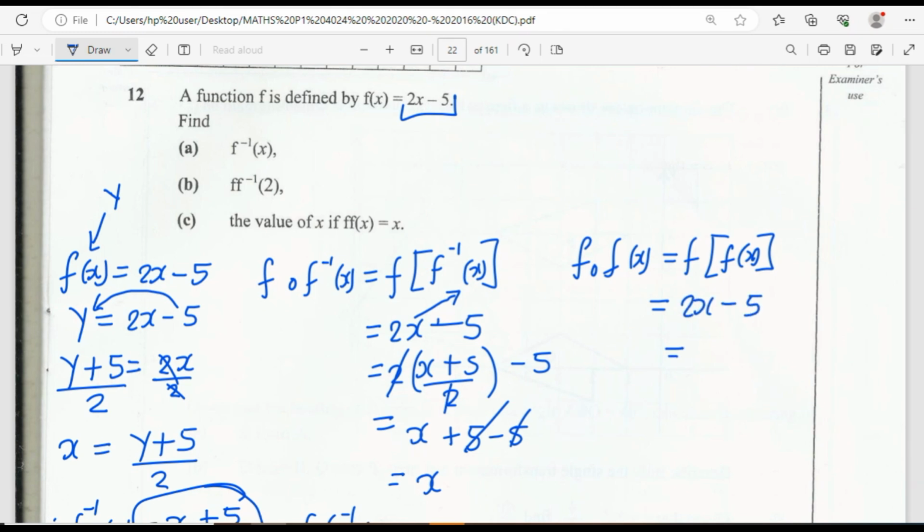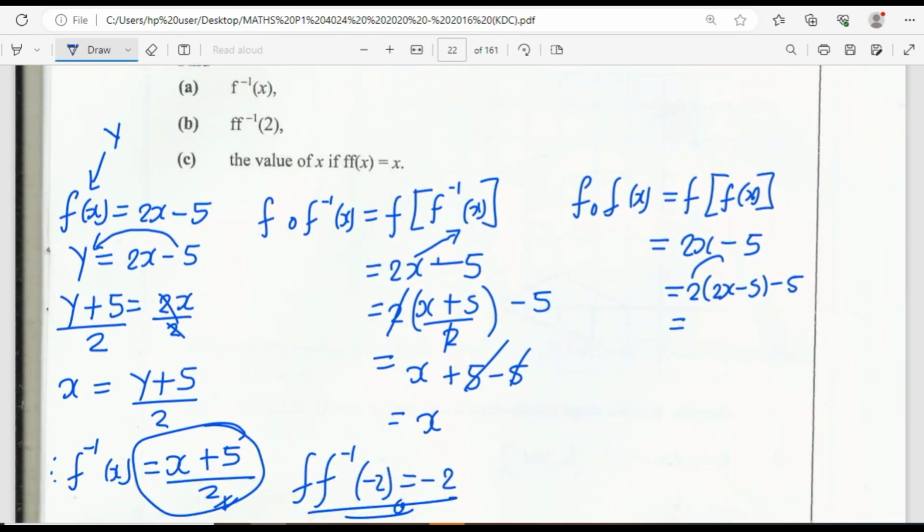So this means that where there is x, we put the same function since it's the same letter. So 2x minus 5 minus 5. So 2 times 2x will give us 4x. 2 times -5 will give us -10 minus 5, which is 4x minus 15.